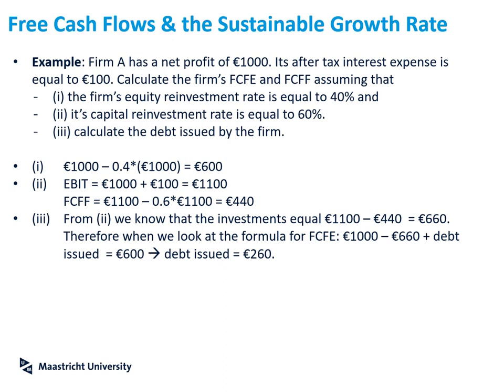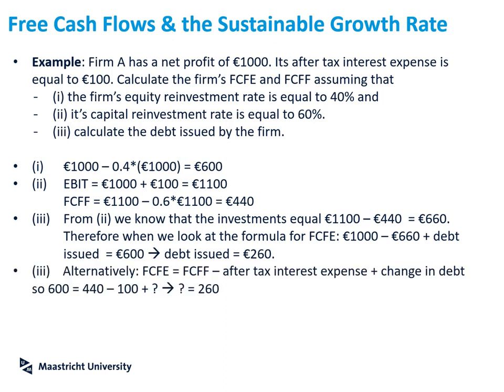And then we've plugged in everything into this free cash flow to equity formula. We start with the net profit of 1,000. We subtract from that 660. Those are the investments in working capital, non-current assets, and investment assets. Plus 260 of debt issued brings us at this free cash flow to equity of 600. And as I said, we can also go directly from the free cash flow to the firm, where we adjust for these two items that relate to debt.